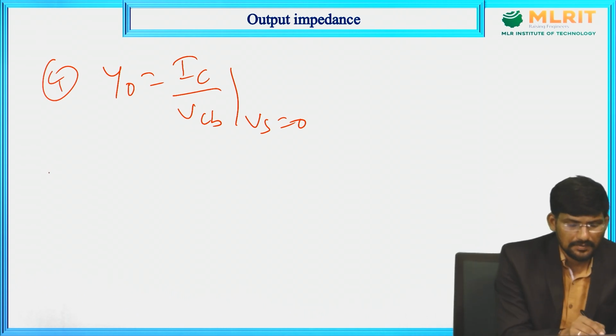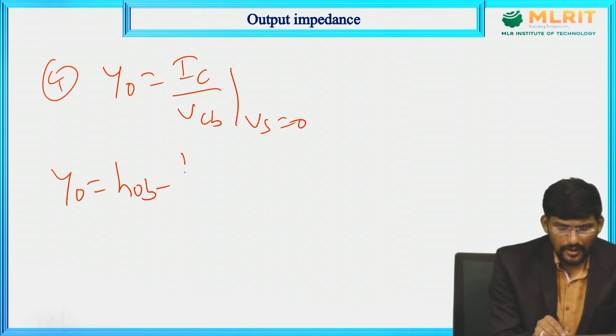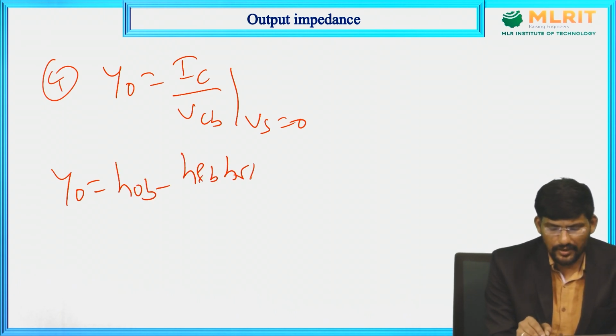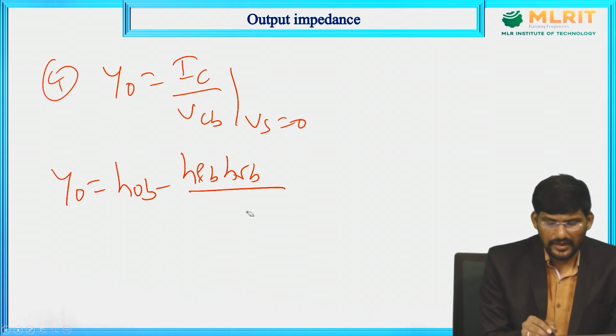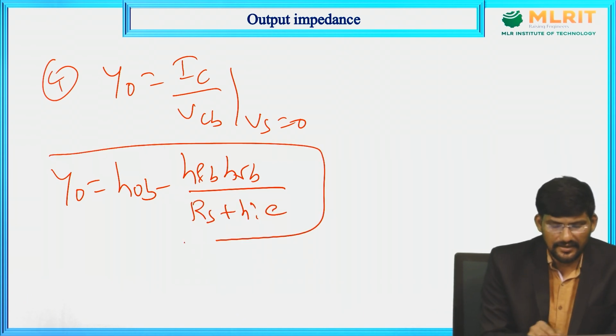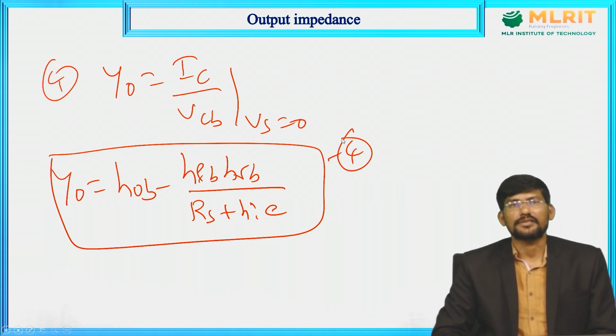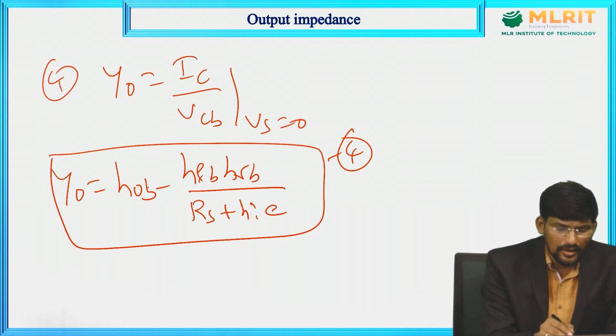The standard expression for the output admittance is H0B minus HFB HRB divided by RS plus HIB.